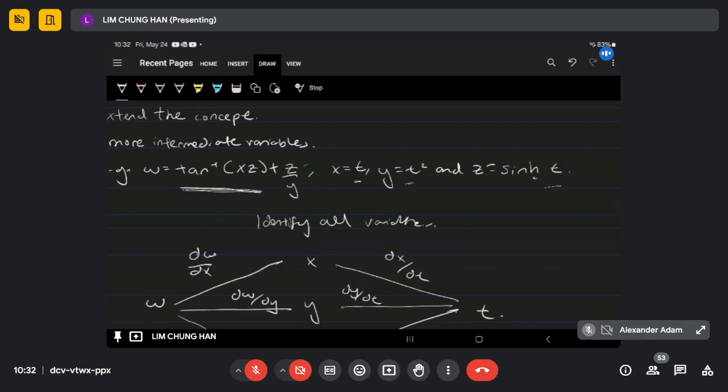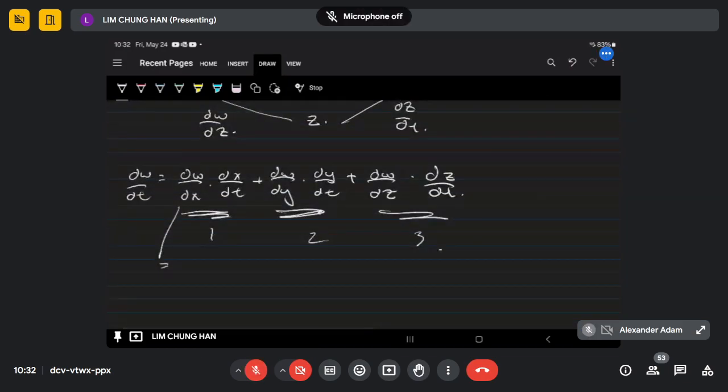We've done this before, right? Inverse of tan is arctan. What do you get when you differentiate arctan xz? 1 over 1 plus x squared. We need to multiply with something, right?